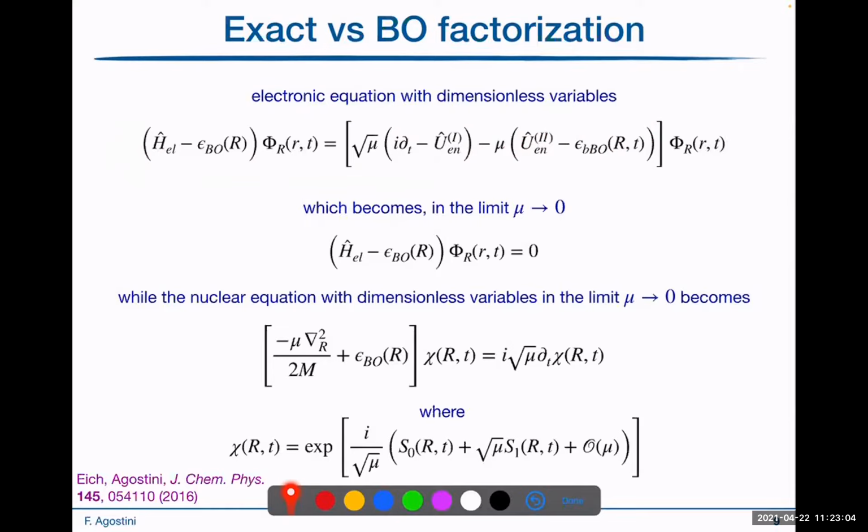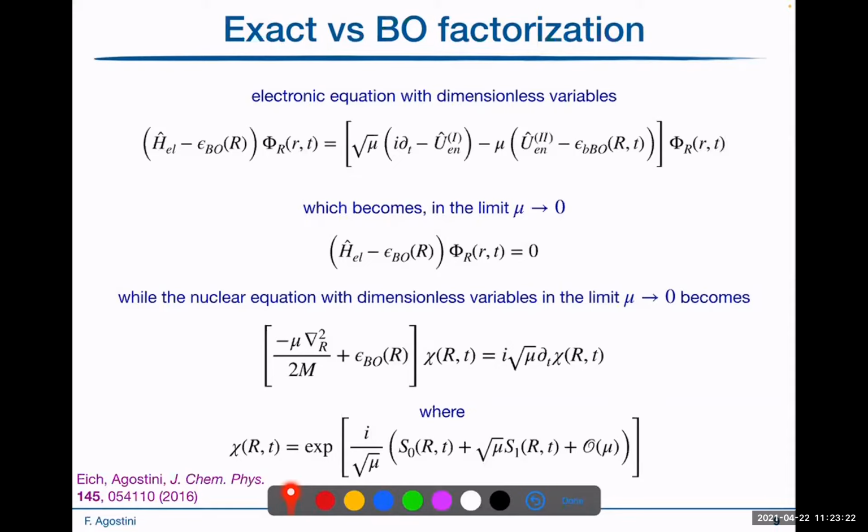Then we have to see what happens also in the nuclear equation. We have to take the Born-Oppenheimer limit also in the nuclear equation, and here we had to think about what happens to the nuclear wave function.